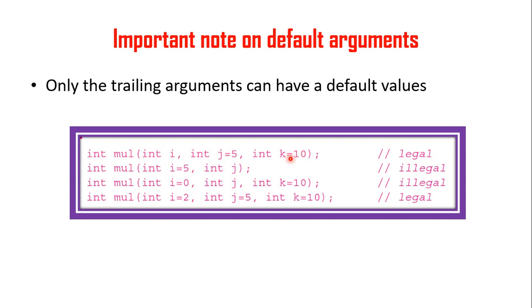Like this it is legal: j is fixed with the value 5 and k is fixed with the value 10. These are trailing and continuously default. Whereas here the middle one is made a default, which is illegal. If it is a default, it should be at the end.